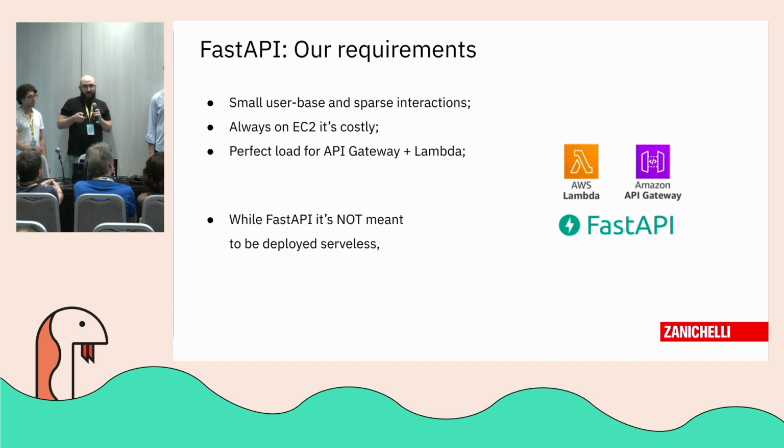But FastAPI is not really meant to be deployed serverless. But on the other hand, we wouldn't want to rebuild the API again and split it into Lambda functions. So we really wanted to deploy it serverless.